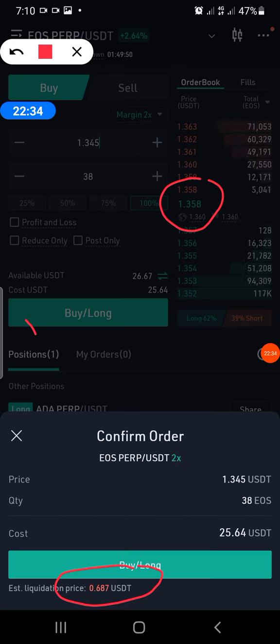And you find that this is almost 100% of the current price. So that's why I normally encourage people to use lower leverage, so that they will be on the safe side in case the market is unpredictable.